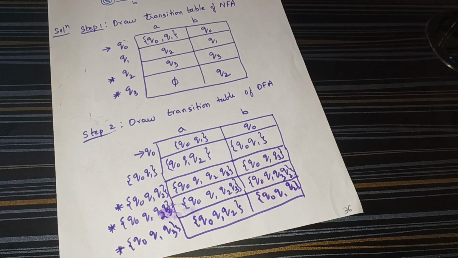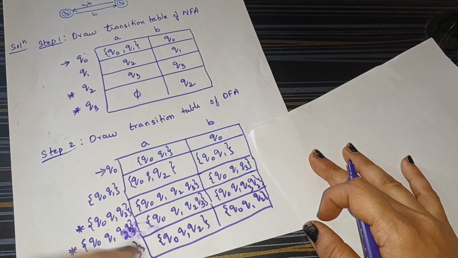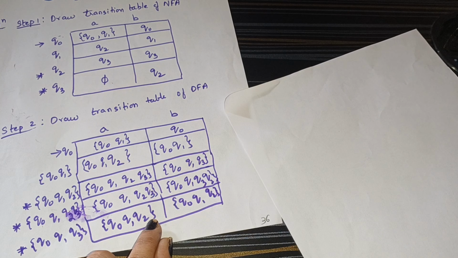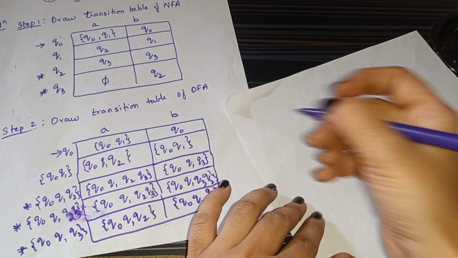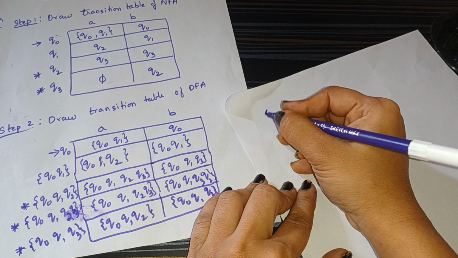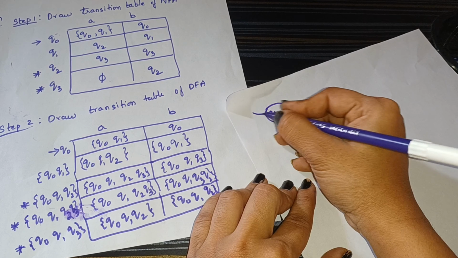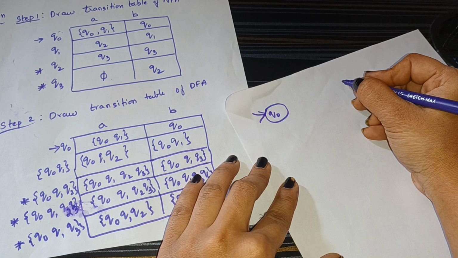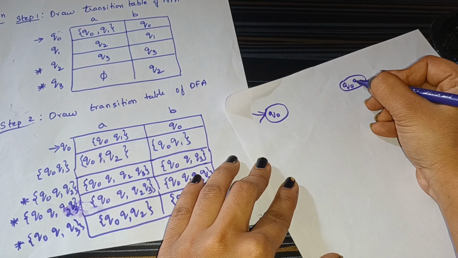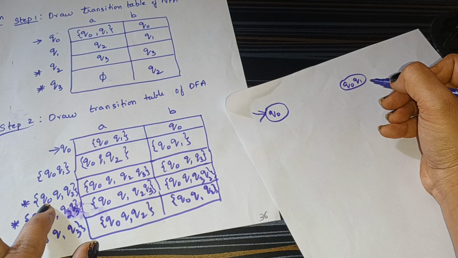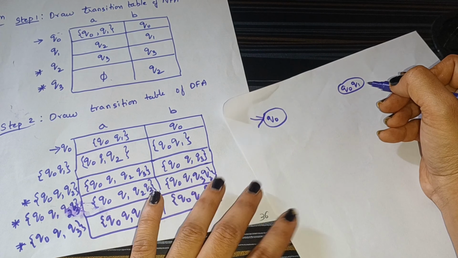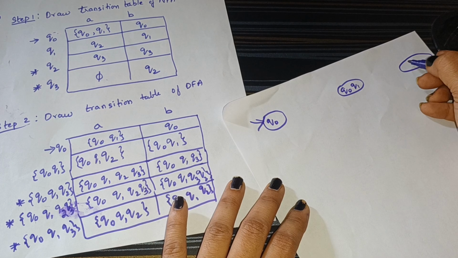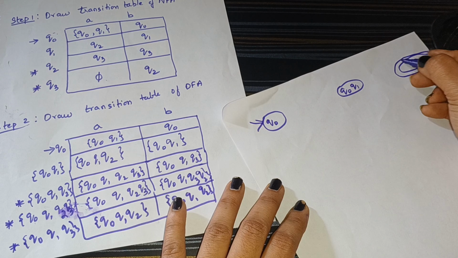We know that all these states are single states. So we will use this table. Now we are done with the table, and we will draw the state diagram. We take the first state Q0 as the start state. Next is Q0, Q1, then Q0, Q1, Q2, which is a final state, so we take it as a final state.